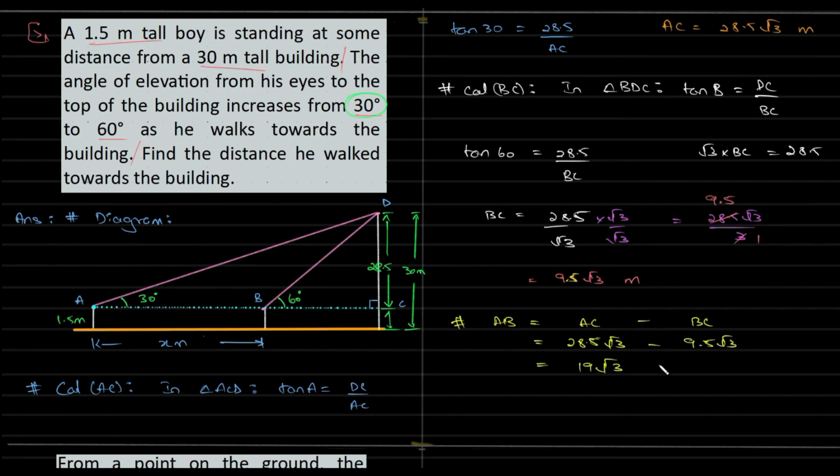I hope I did the math right. So yes, he walked a distance of 19 root 3 meters. That's it. If you want to write a statement, do write so, depending on the marks.